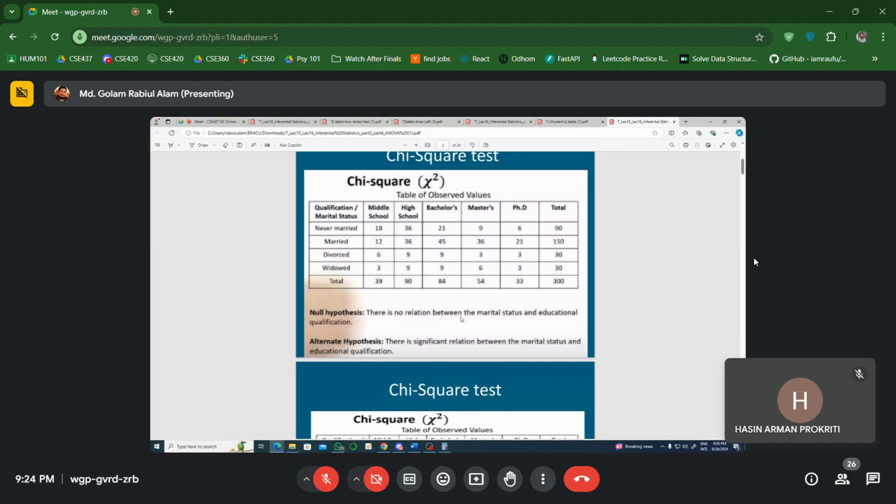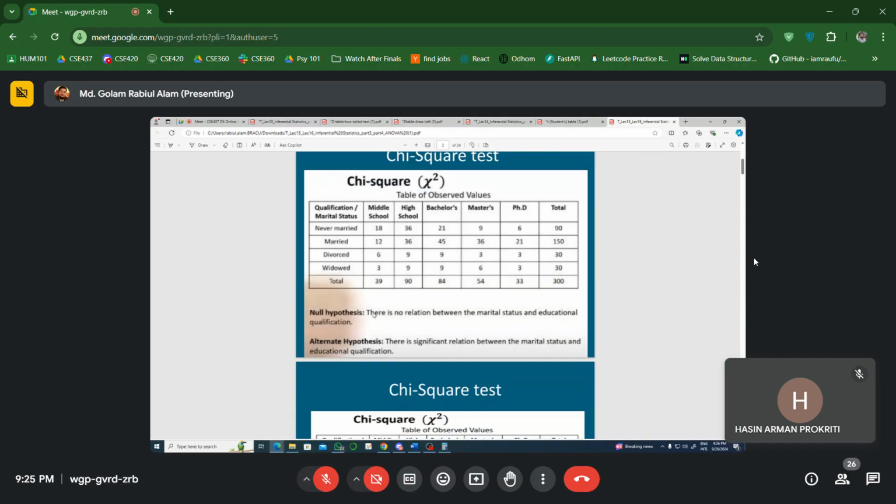Someone can mention that actually there is a relation between marital status and educational qualification. So in the null hypothesis, we assume that these two variables, marital status and educational qualification, have no relationship. This one is a common belief. But for an alternate hypothesis, someone can mention that actually there is a relationship between them.